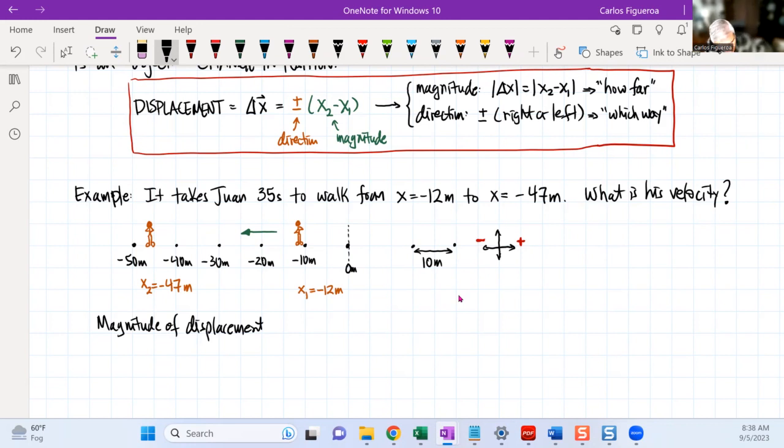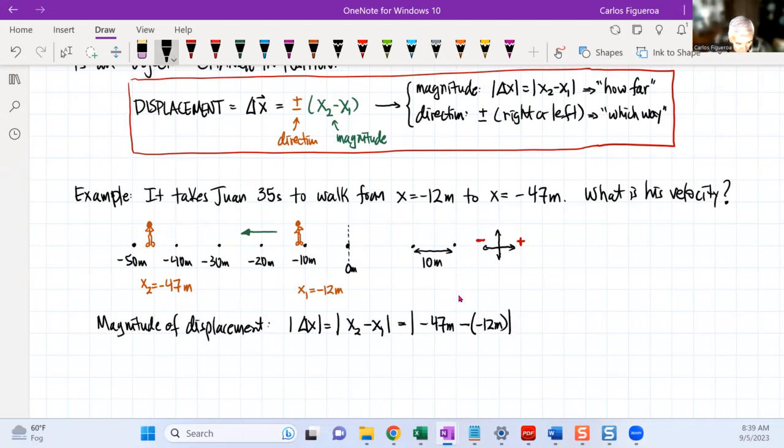So if I calculate the magnitude of the displacement, I see that my displacement is really x2 minus x1. This tells me that this is going to be minus 47 meters, minus, and he starts off at minus 12 meters.